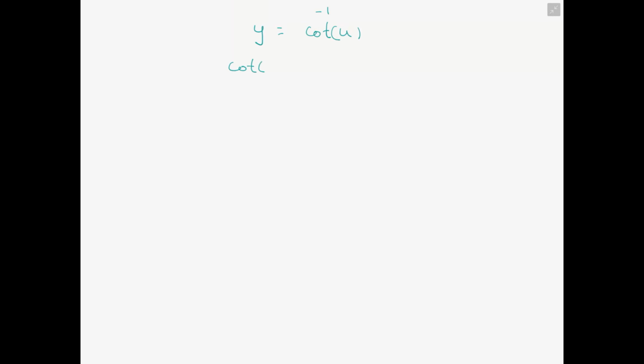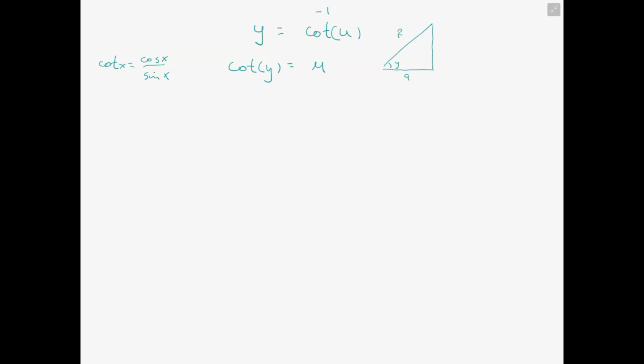So here we say that the cotangent of y equals u. We draw our right triangle, our angle y, and the cotangent. Now, cotangent is cosine x on sine x.